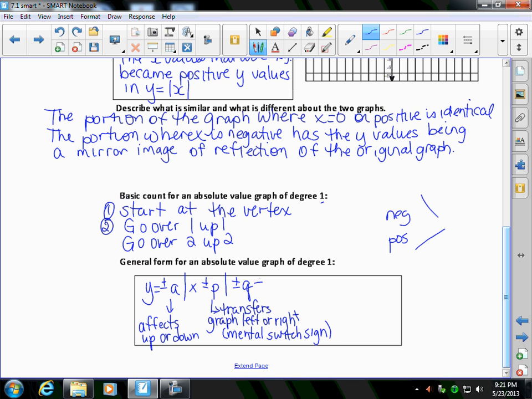And then your q value is going to move your graph up or down. So your vertex is still going to be at p, q.